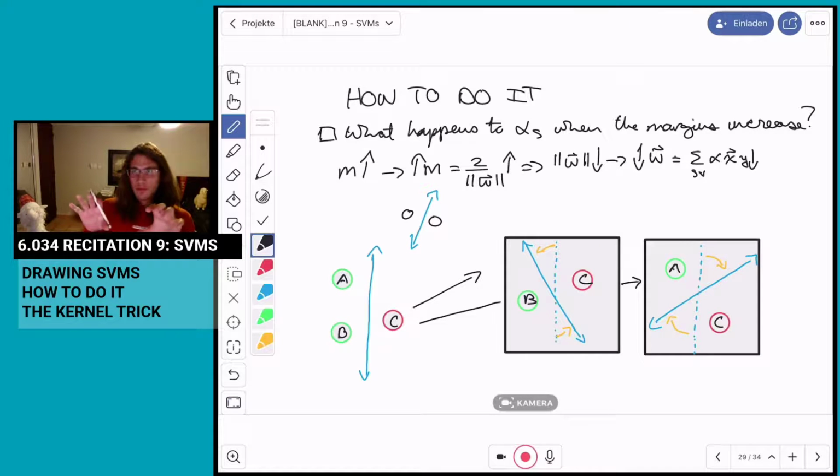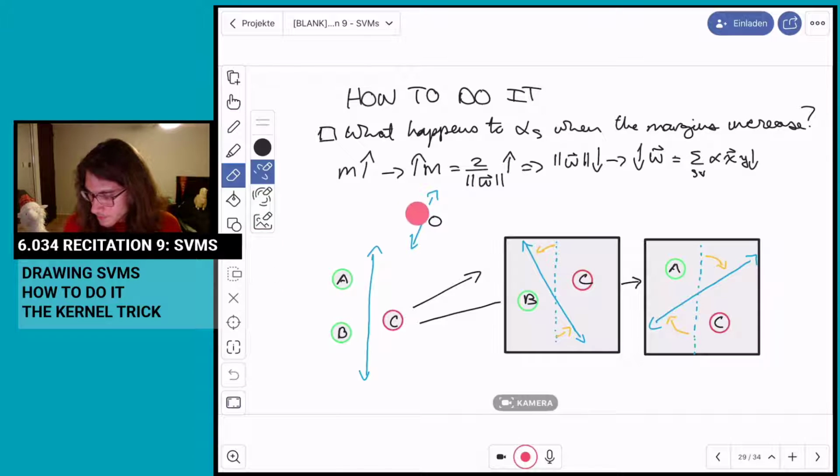They're really pushing at the boundary toward each other. But if they're farther away, then the gravity of the boundary is much less, thanks to the increased margin. It's not mathematically founded, at least not the argument that I made. It's just a visual way in which I keep this relationship fresh in memory.